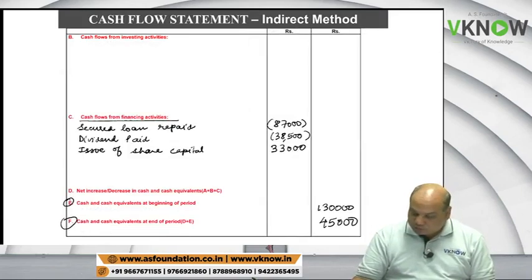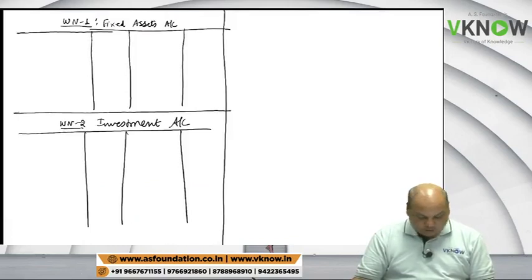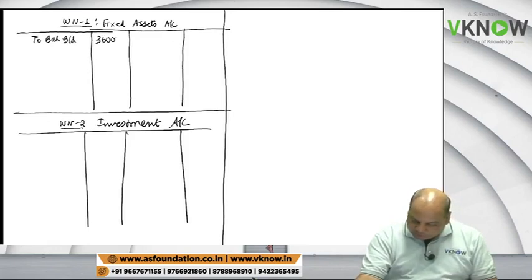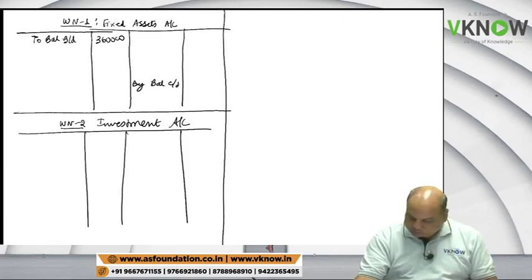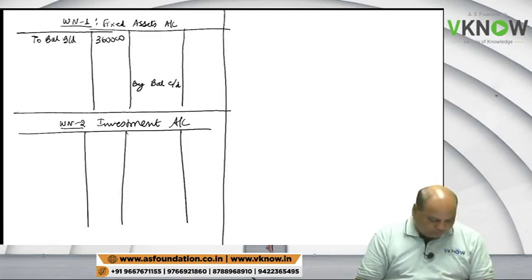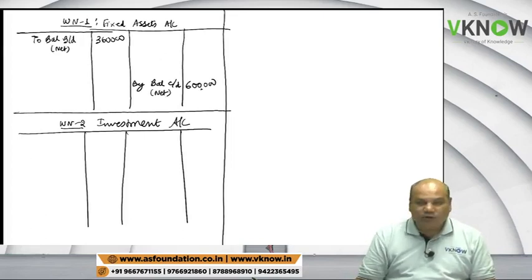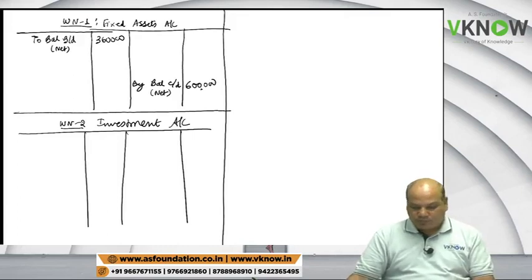Next, working note 1, fixed asset. Fixed asset account, to balance brought down 3,60,000, by balance carried down 6 lakh. This is net amount. Net means cost minus accumulated depreciation.